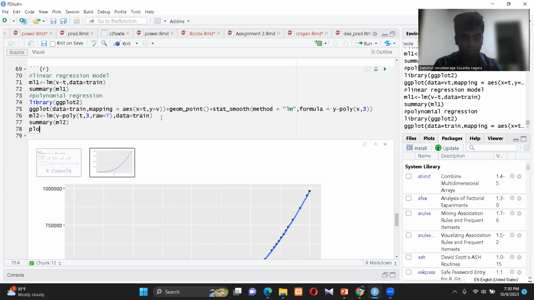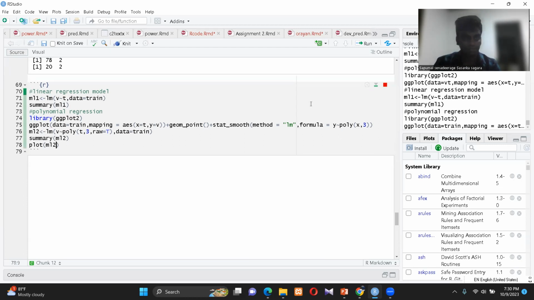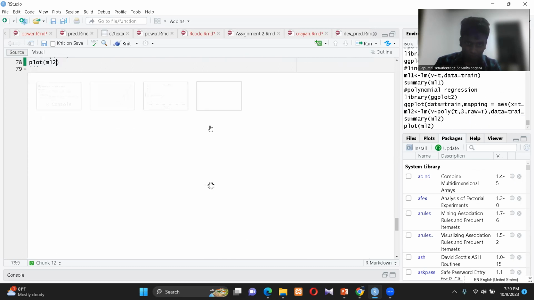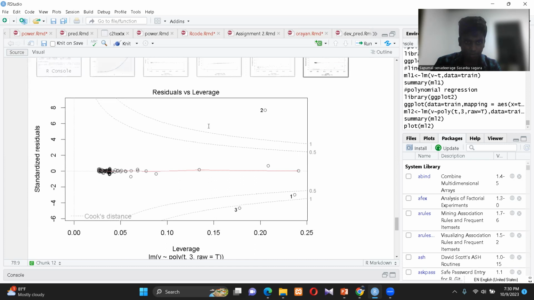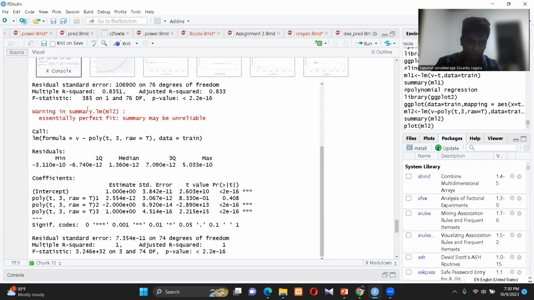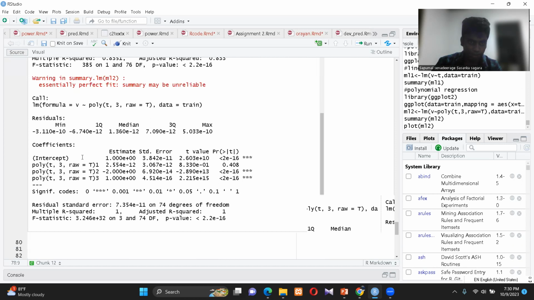Now plot it, right? Okay. Let's see. This is the linear regression. Now we got three components because it's a cubic one, right?